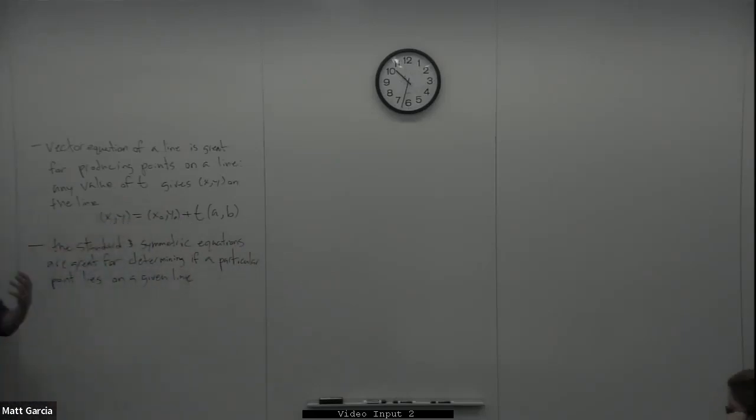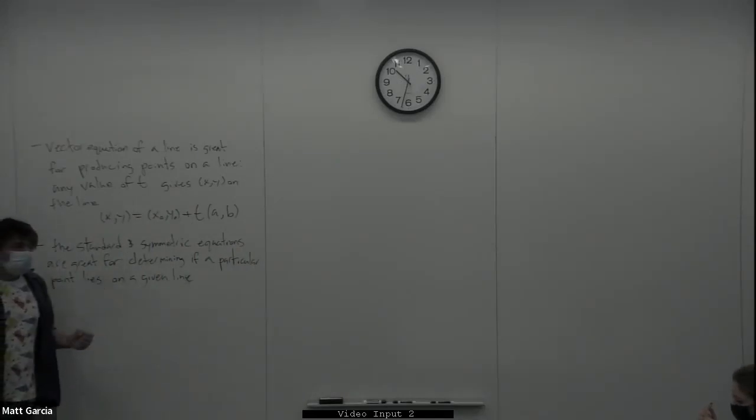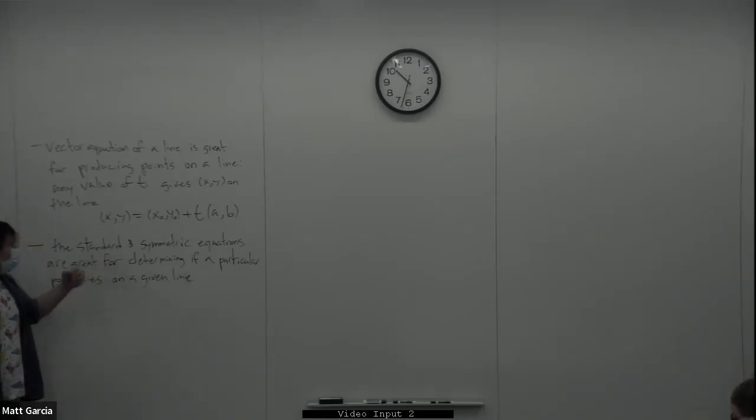Right? That is to say, given a point x comma y, if I want to determine if this lies on a line I know the standard or symmetric equation of, I just plug in those values of x and y and see if I get a true statement, right? If I get a false statement, then the point does not lie on the line. If I get a true statement, then it does in fact lie on the line. Okay, so these are really the main takeaways from all these different forms of equations of a line that we went through on Monday.